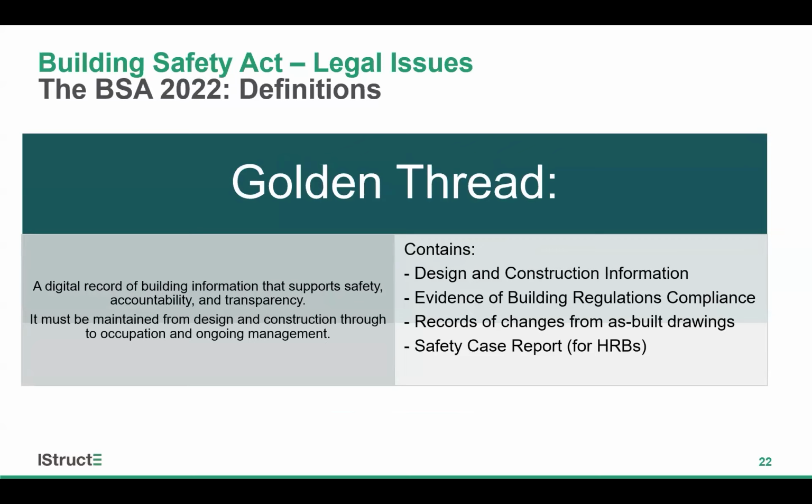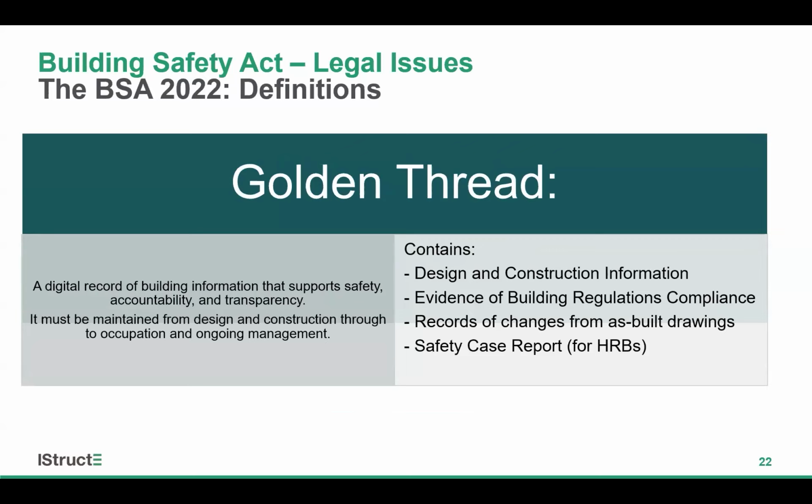The BSA introduces the new concept of the golden thread. In summary, this concept requires the parties, that is the duty holders, between them to put in place systems and processes to ensure that the construction process and key information about the building is recorded and stored electronically in such a way so as to ensure it can easily be accessed and referred to.